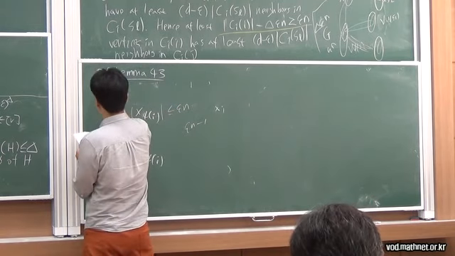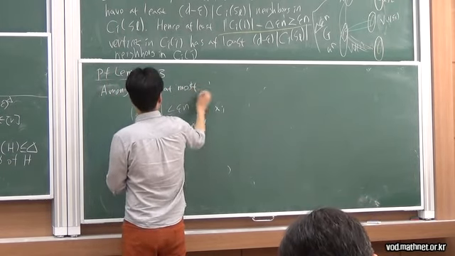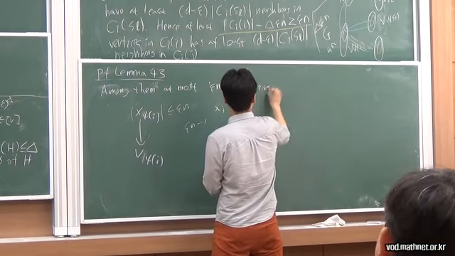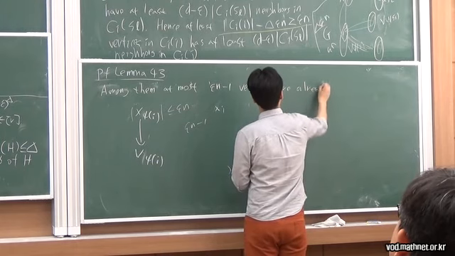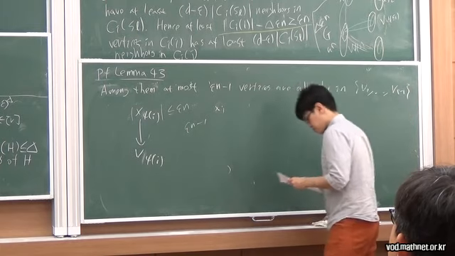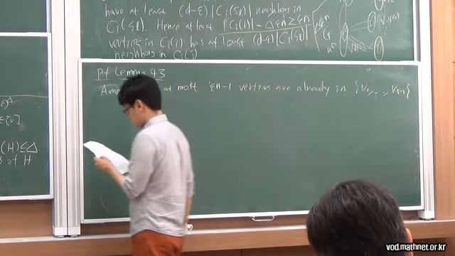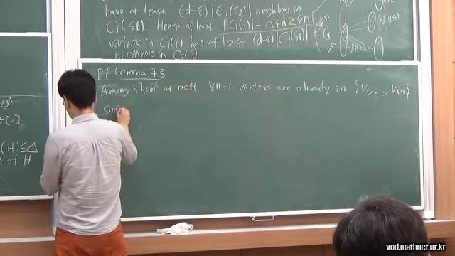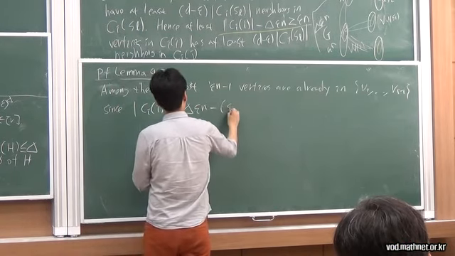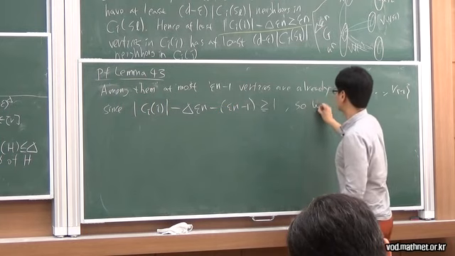So among them, at most epsilon n minus 1 vertices are already in p sub 1 to p sub I minus 1.